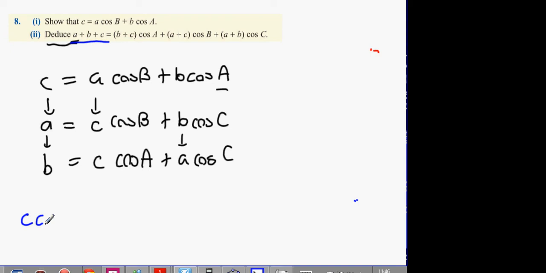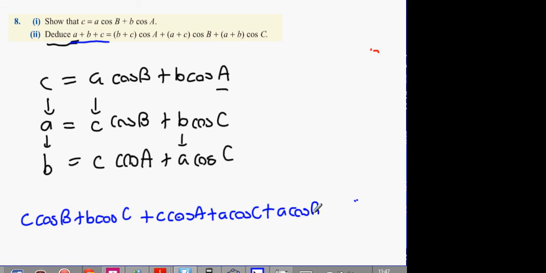So A is C cos B plus B cos C. B is C cos A plus A cos C. And then C is A cos B plus B cos A.